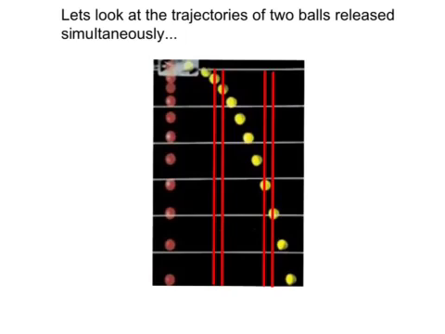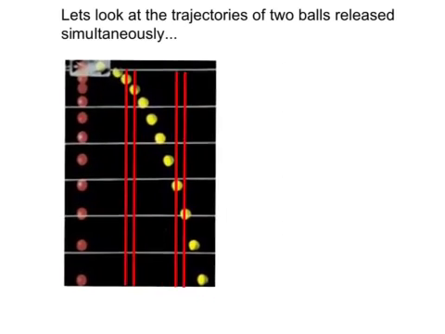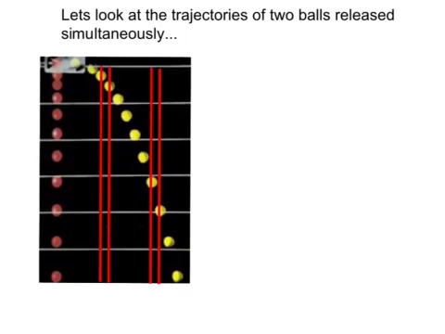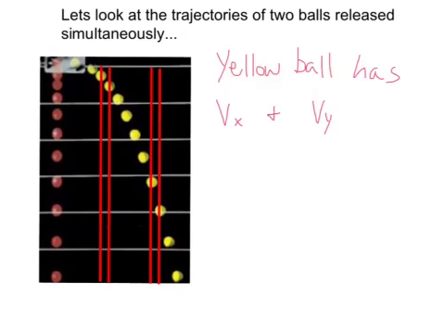But let's take a look at the horizontal separation between different points of the yellow ball's trajectory. We see that it does not change. The yellow ball has a component of velocity in the x direction and in the y direction. It has both a vx and a vy.